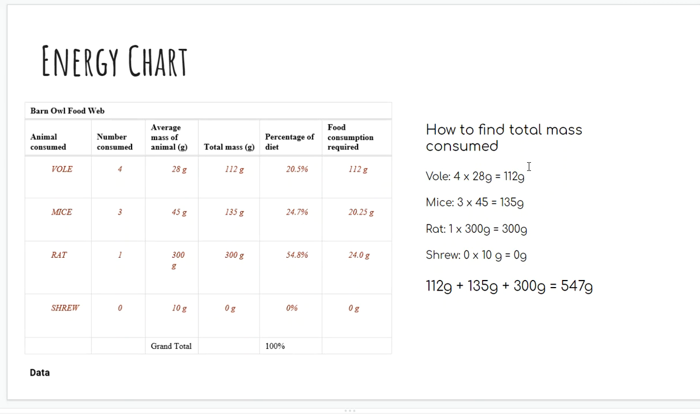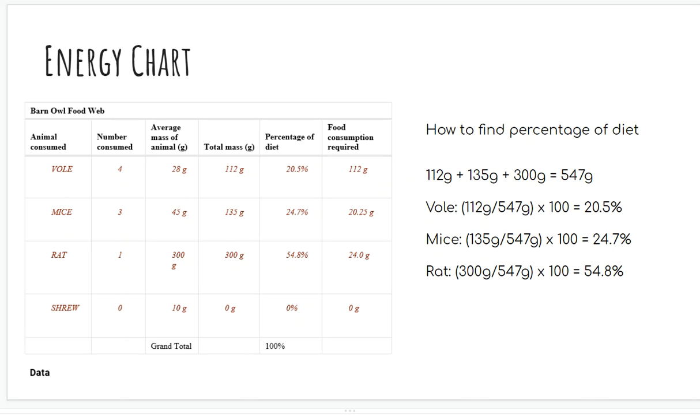Again, I got that by figuring out the mass of each organism and then adding all of those together. Then what I had to do, and this is why it's so important that I was recording the total mass, is I took the total mass for each organism. So here the voles: all together those 4 voles provided 112 grams of energy.